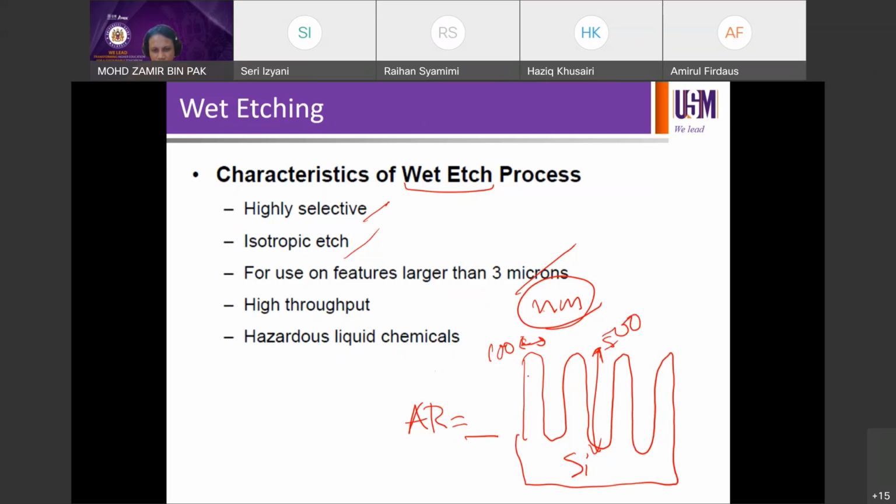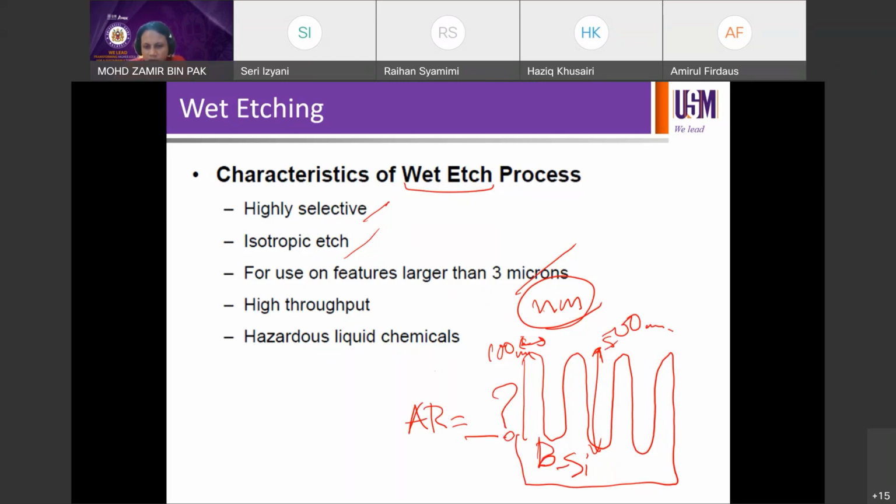What is the aspect ratio for this particular structure, our black silicon? For this particular case? Anyone? What is the AR? Right? 5/1, right? Very good.